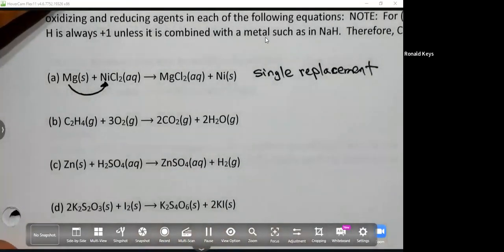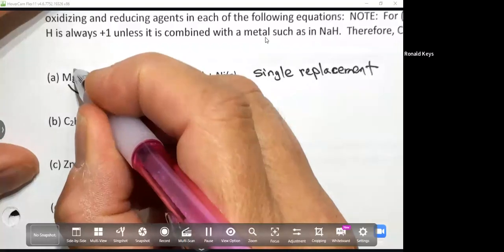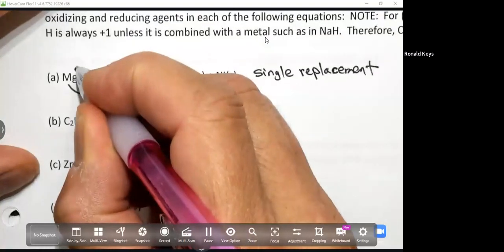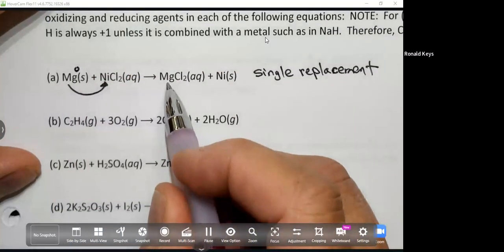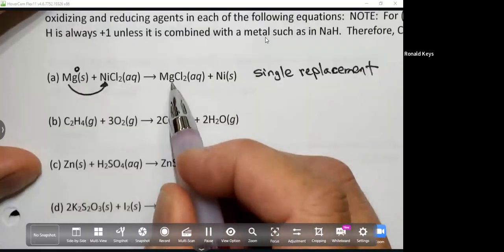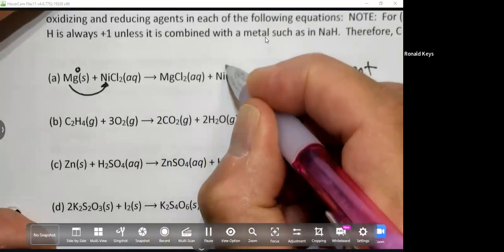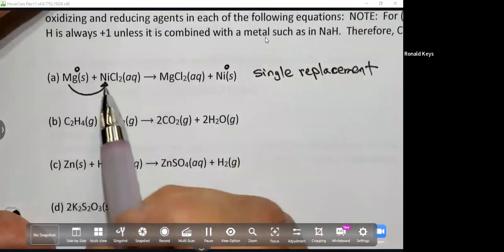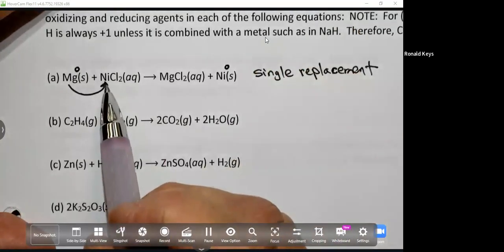Is this an oxidation reduction reaction? Absolutely. How do you know that? You've got magnesium sitting here, has to be a 0 charge. Over here, it's in a compound, it has to have a charge. Nickel here by itself has a 0 charge. Over here, it's in a compound, it has to have a charge.